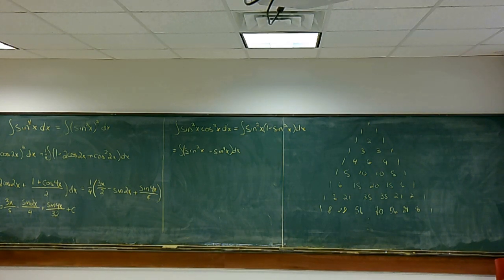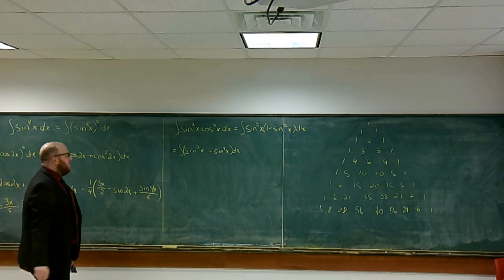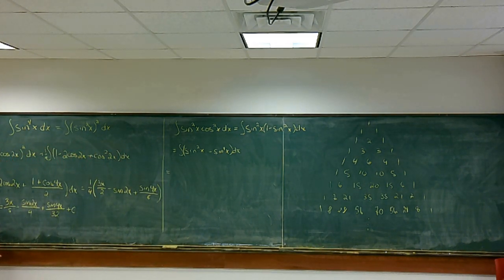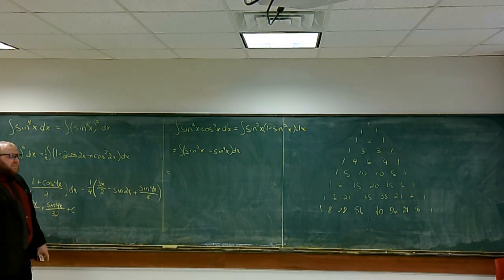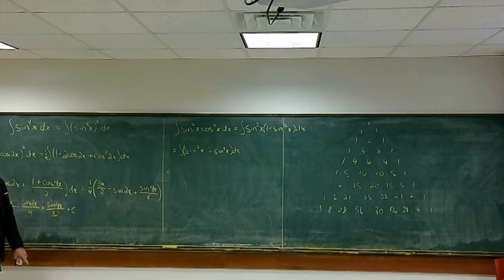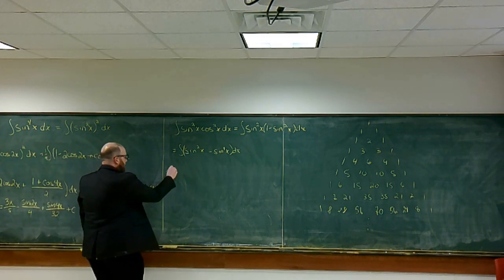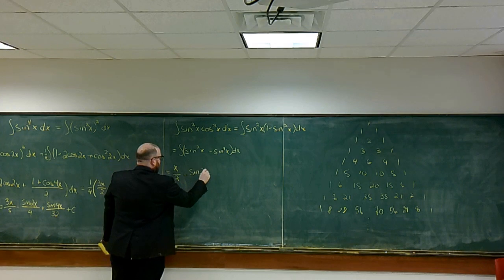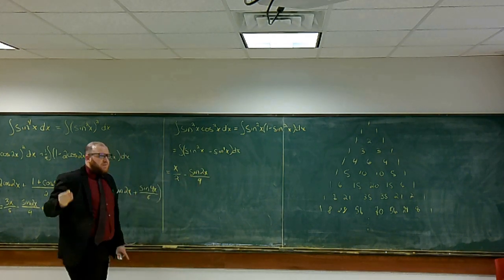Antiderivative of sine squared we already did. It was the first problem we looked at. What was it? You don't have to give me the reduced form; with single angles, you give me the one with the double angle. So x divided by 2 minus sine of 2x divided by 4 plus c. And I'm going to ignore the plus c.